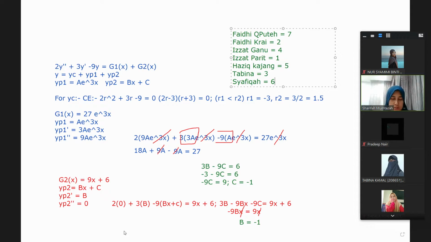Faidy 1, Faidy 2, Haziq Kajang, Shafika, do this and revert back to me by today. Okay, we are done here. If you give me 3/2, of course I consider it as 1.5. Don't worry so much.